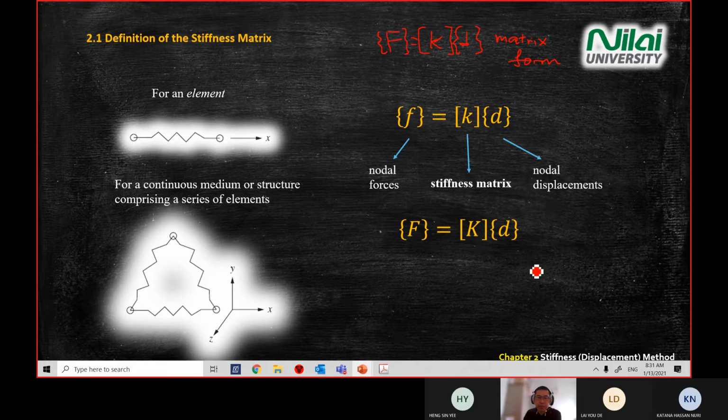So again, we only deal with one single formula, F equals K times D. Only when you write your solution, you need to be careful about the presentation. If you're looking at a single element, you use small letters for f and k; d is standard, the displacement is a small d. But if you are analyzing at a bigger picture, which we call the global scale, then you use a capital F and capital K. Is it clear?